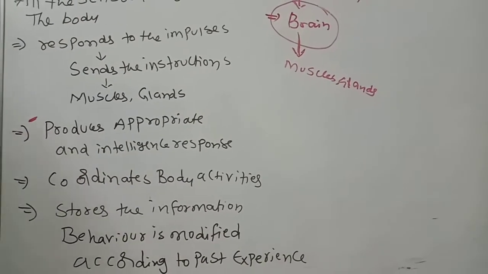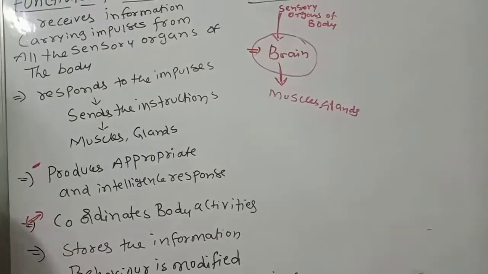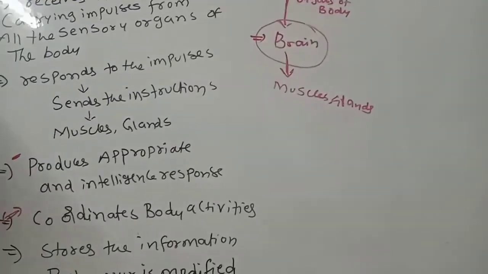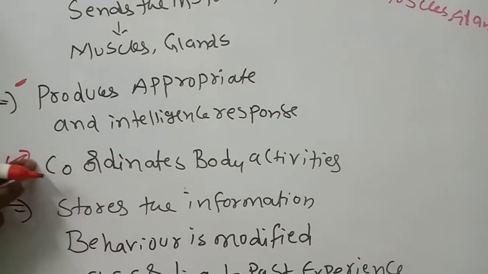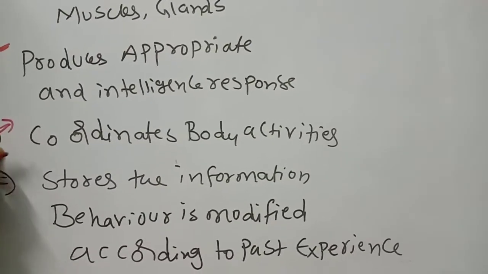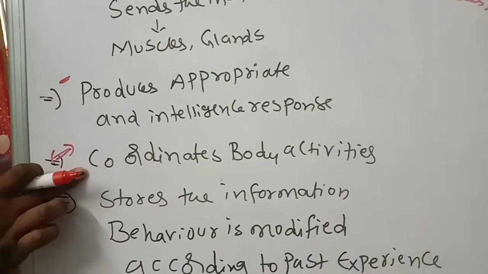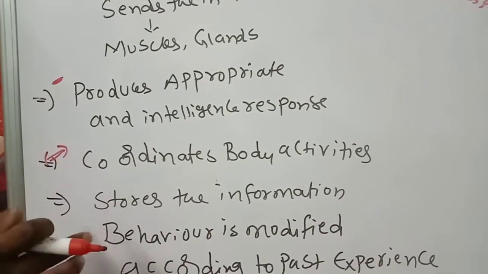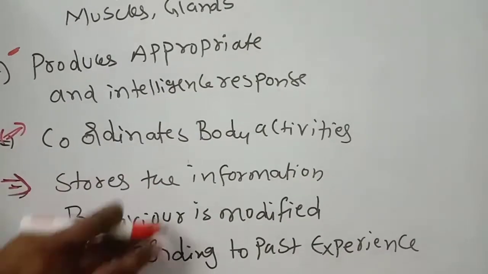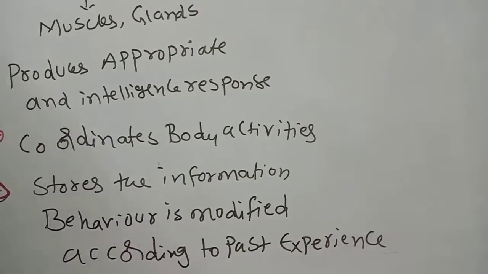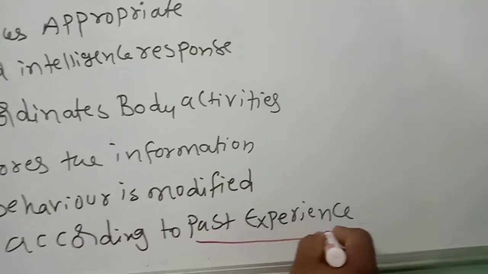Another important function of the brain: it coordinates the body activities. All body activities are under the control of the brain only. And next, memory. What will the brain do? It stores the information, and behavior is modified according to the past experience.